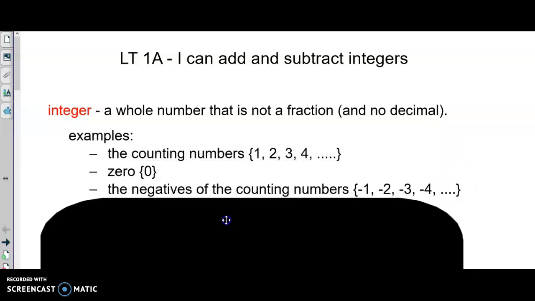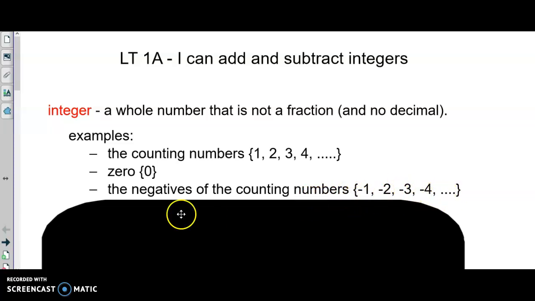For example, counting numbers, so like 1, 2, 3, 4, 5, 6, 7, 8, 9, 10, on and on. 0 is an example of an integer. Other examples are also the negatives of the counting numbers. So -1, -2, -3, -4, and so on.